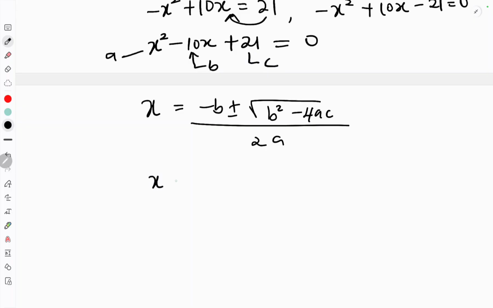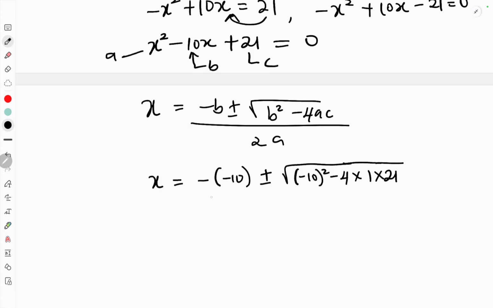So we have that x is equal to minus b, which is minus minus 10, plus or minus the square root of b, which is also minus 10, all squared, then minus 4 times a, which is 1, and c is 21. Okay, then divided by 2 times 1.